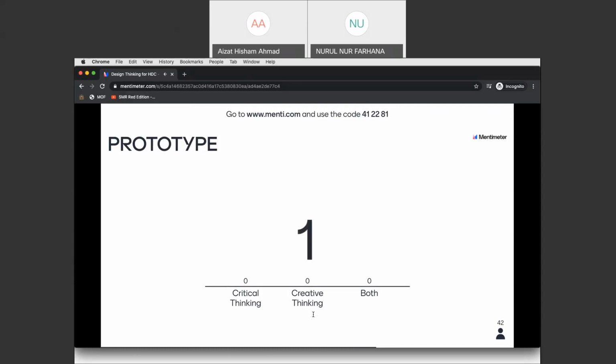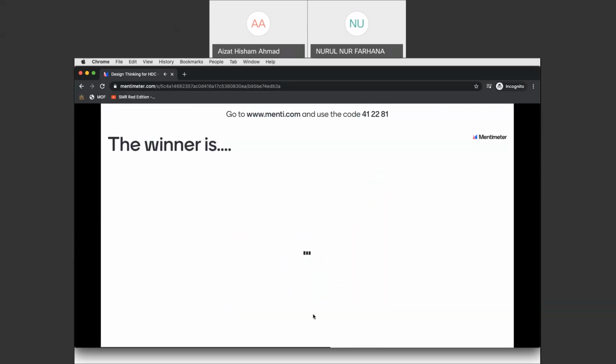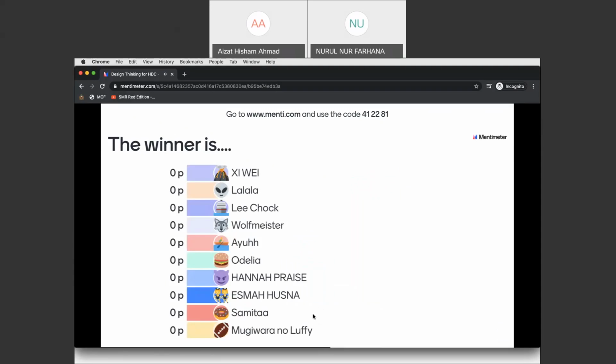Quickly. The answer for prototyping is critical thinking, perfect. Ziwi seems to be the winner this time.